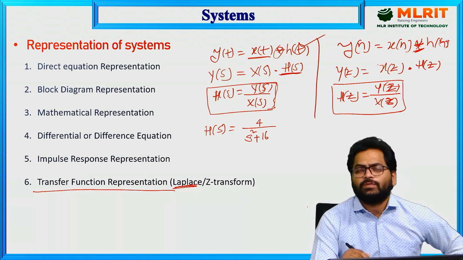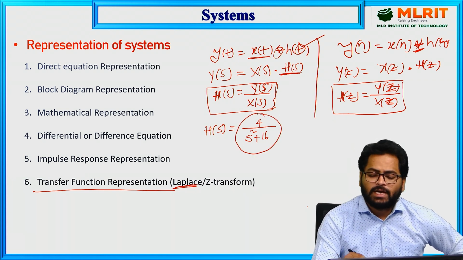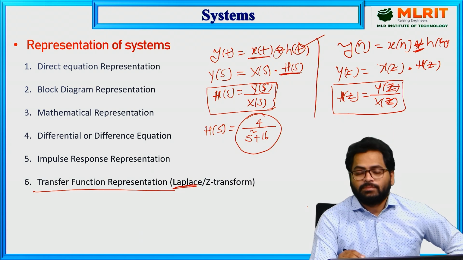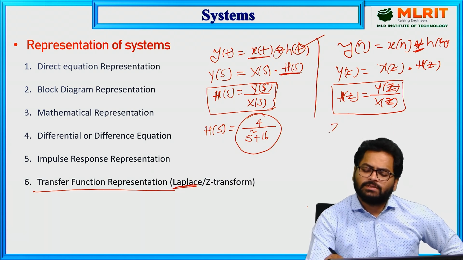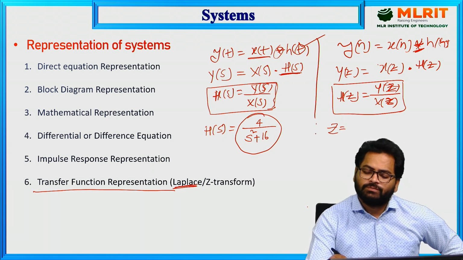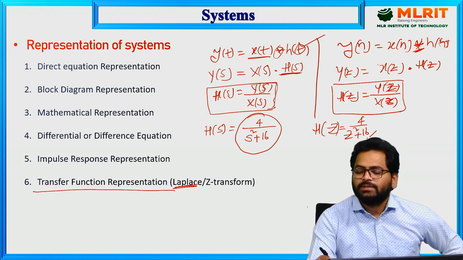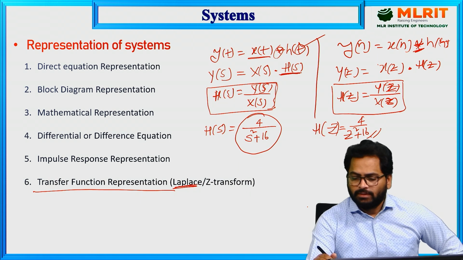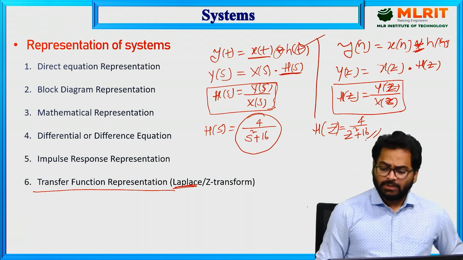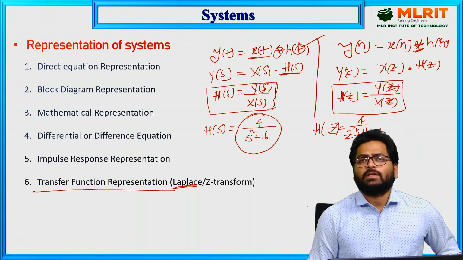This is one transfer function which represents the transfer function of a system. Let us take the same: H of z equals, I can represent the same, 4 by z square plus 16. This is also a transfer function in z domain. These are the representations of the systems.